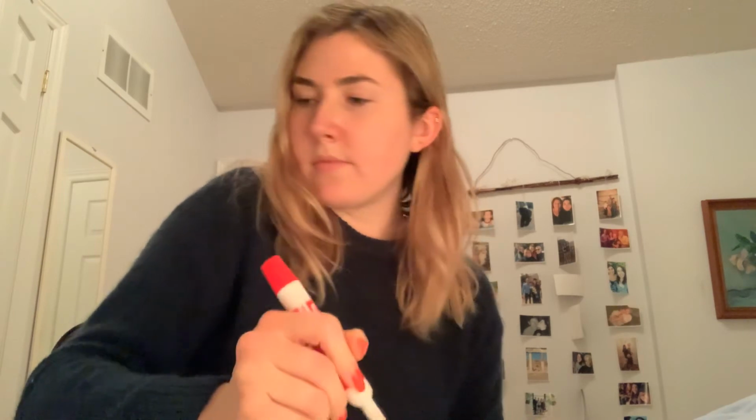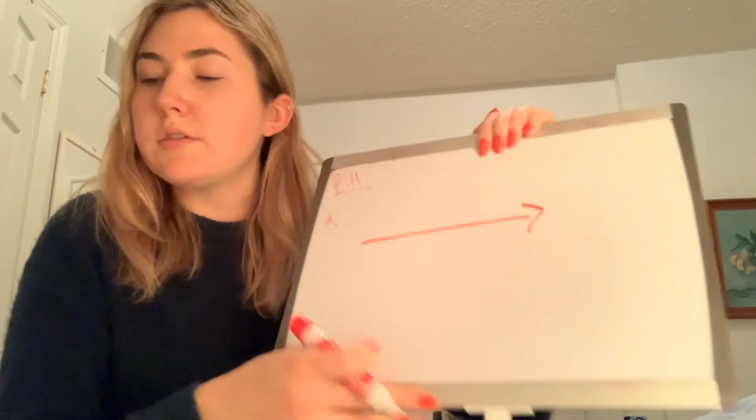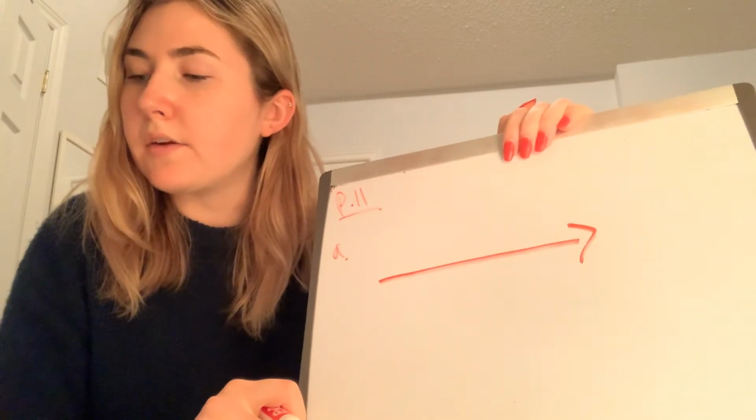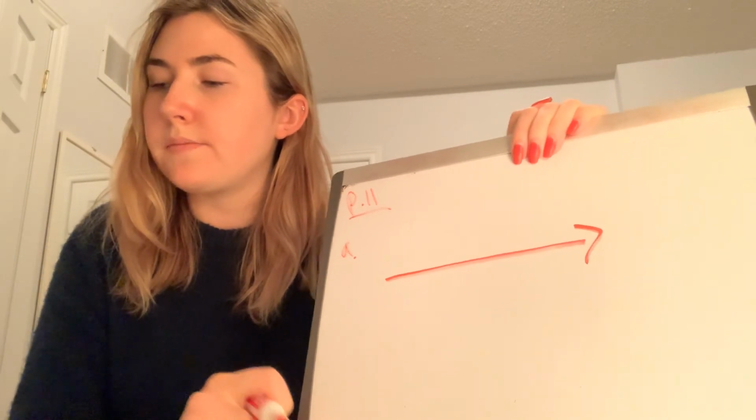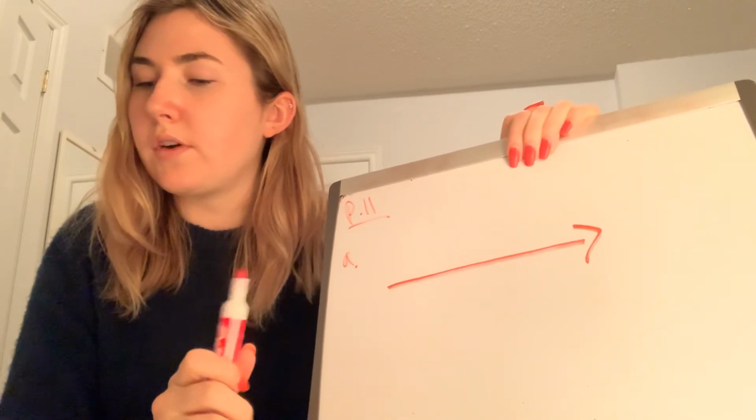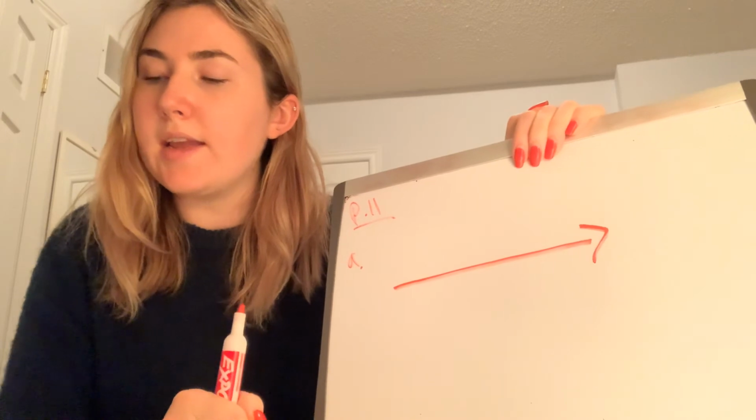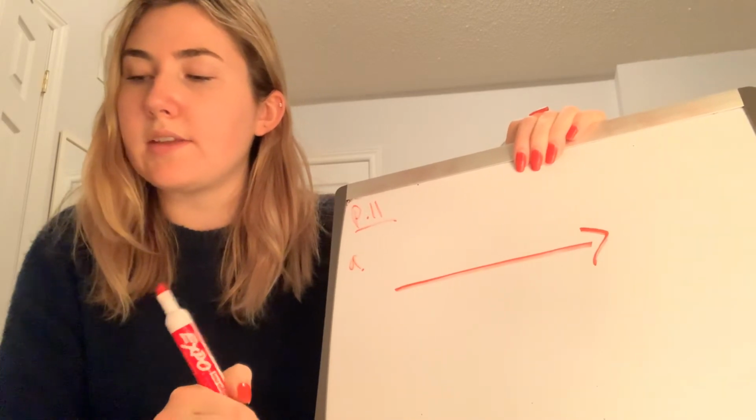All right, so for part 11, we're making number families for each problem, and we're going to write the answer. So I'll do A with you. Debbie had money in her purse and in her pocket. She had $3.45 in her pocket and $18.97 in all.